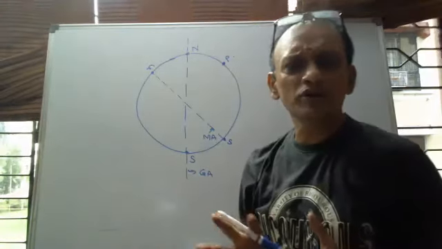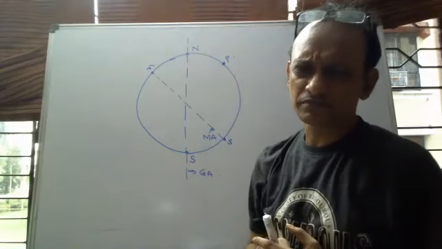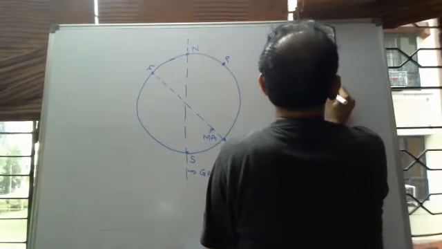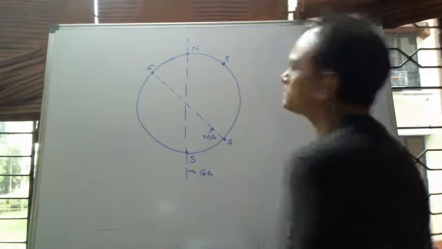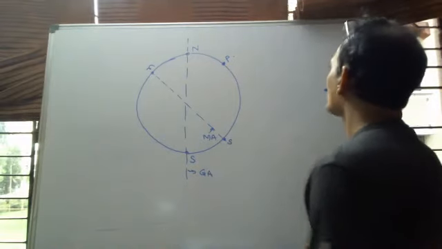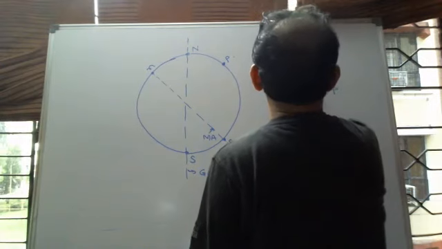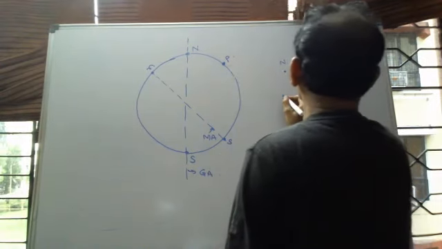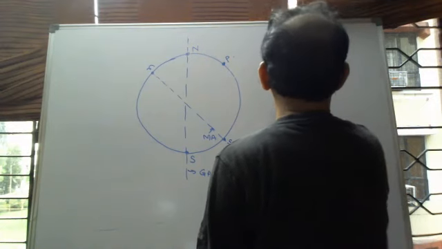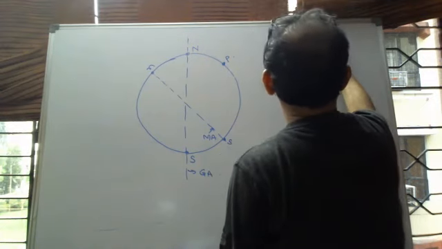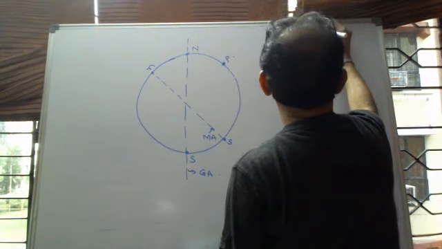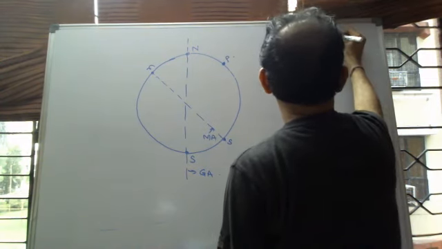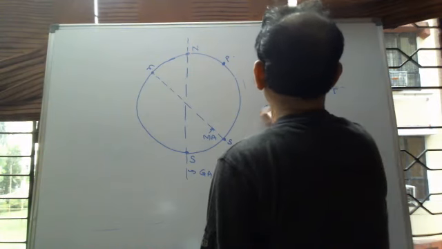Now if I take a point P on the surface of the earth, suppose this was a point on the surface of the earth. This was my geographical north. ये कोई पॉइंट लिया और यहाँ पे ये मेरा मैग्नेटिक नॉर्थ, geographical north. And this is magnetic north.